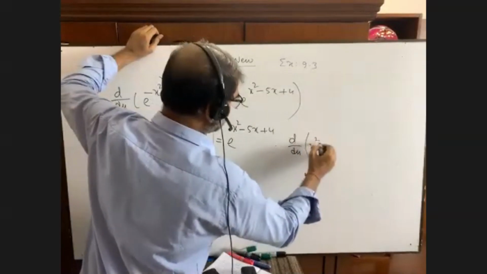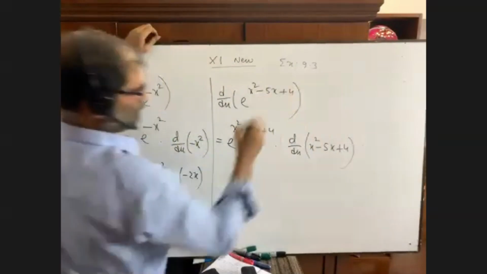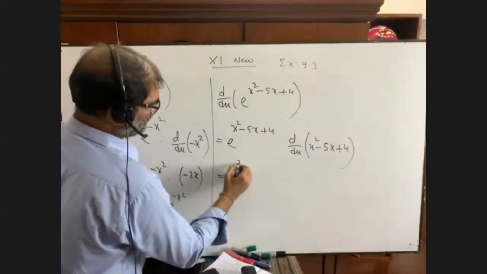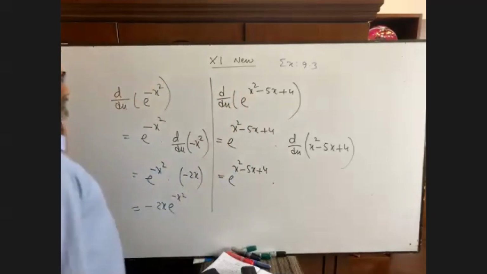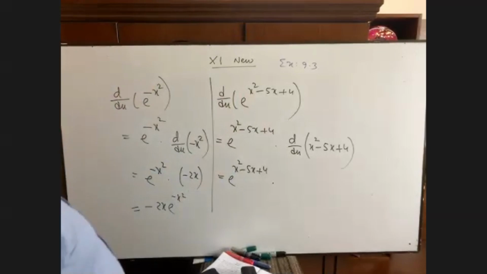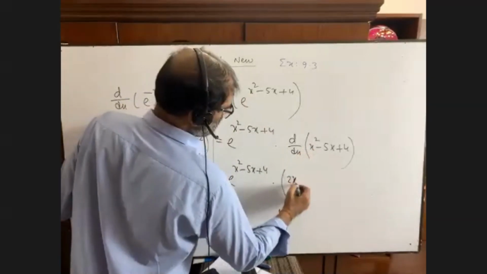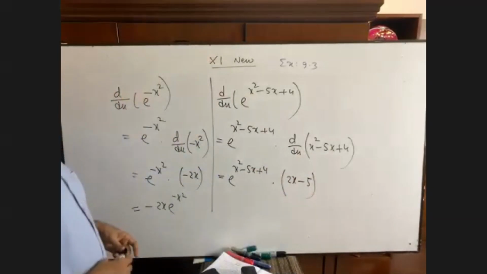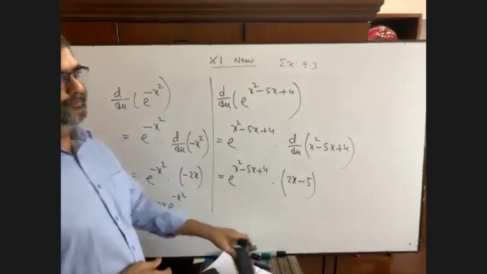That is x square minus 5x plus 4. So we are getting here e to the power x as it is. It will be kept. Now let me know. This is what? 2x. This is what? Minus 5. Our math is done. We are not left with anything.